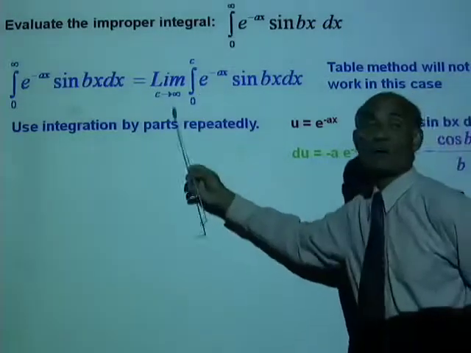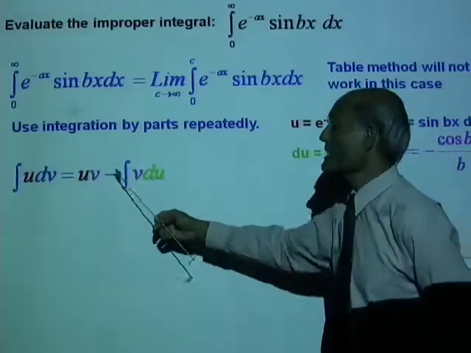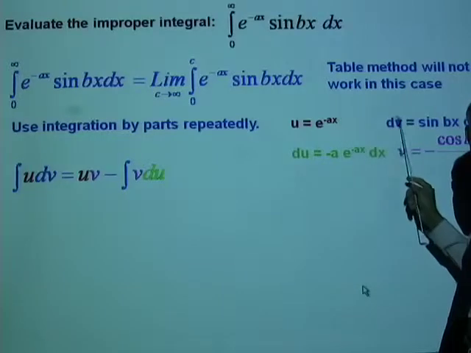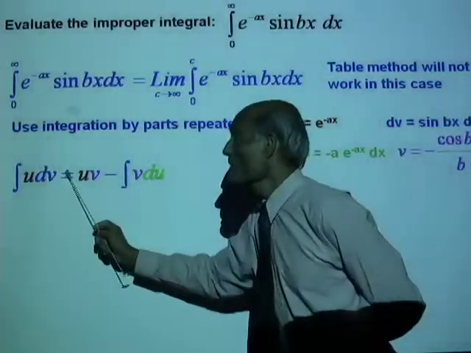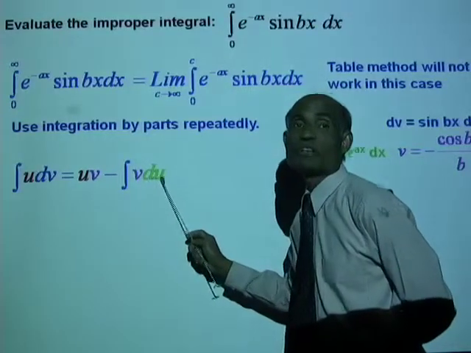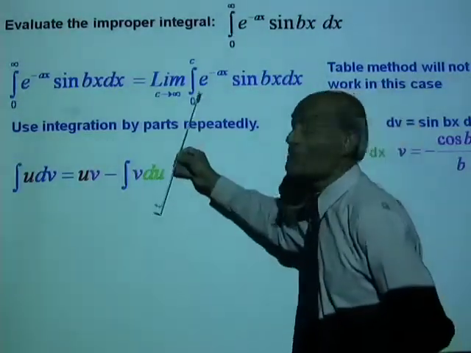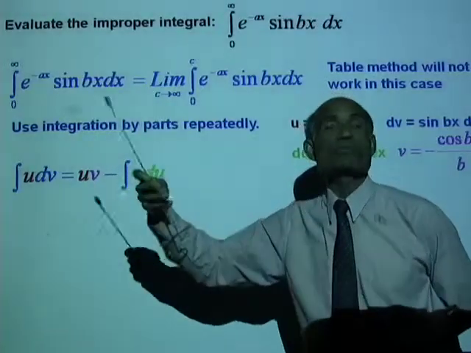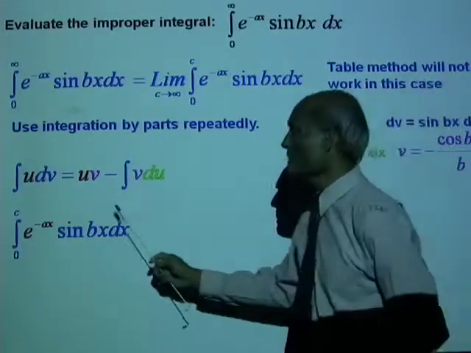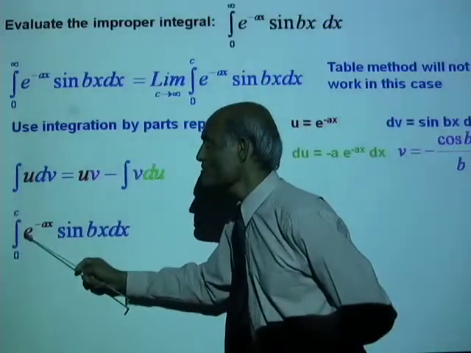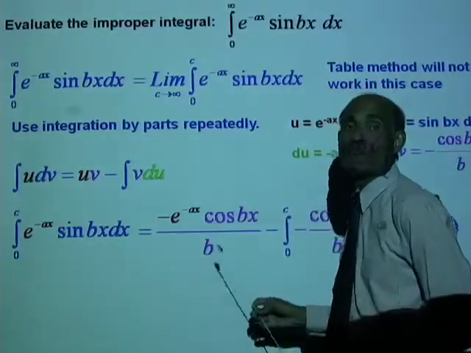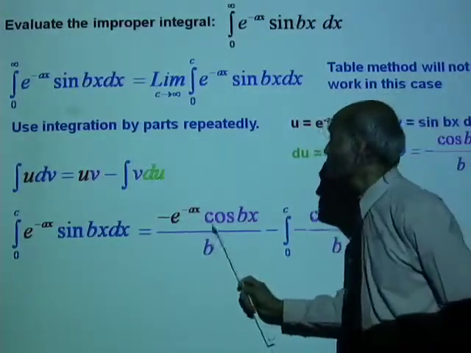Alright, let's now write this integral. What will that be? We will have integral u dv is u times v minus integral v du. Now we're going to leave the limits out for the time being. We will go back and pick the limits once we finish with these steps. So we'll say integral 0 to c e to the negative ax sine bx can then be written as u times v.